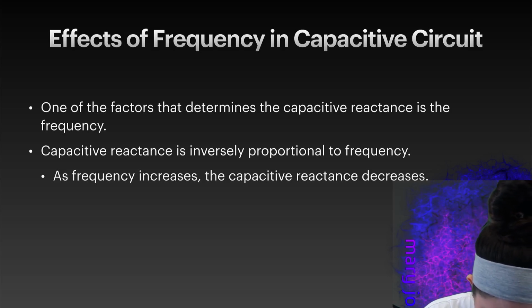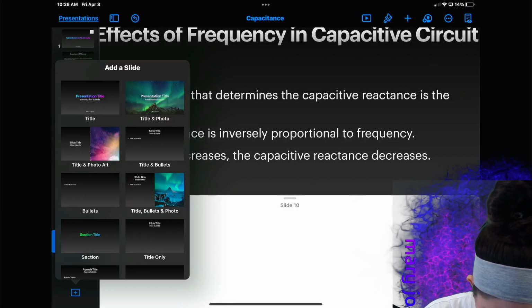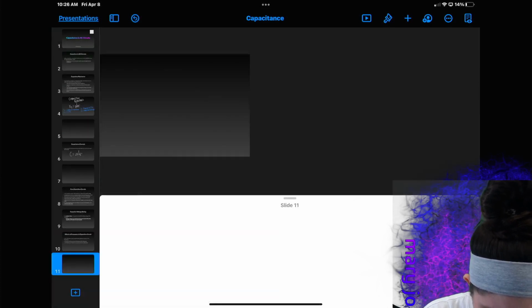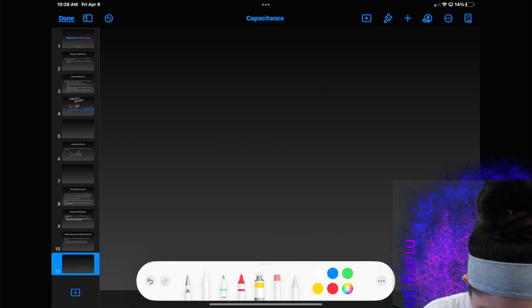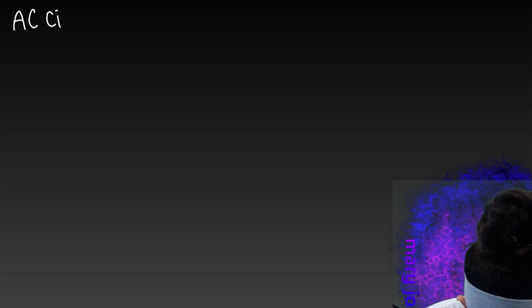So let me go out here and make another blank page so we can just do a summary. Alright, so let's do a summary just to refresh our memory of what we've talked about today. So, when a capacitor is connected to an AC circuit, current appears to flow through the capacitor.